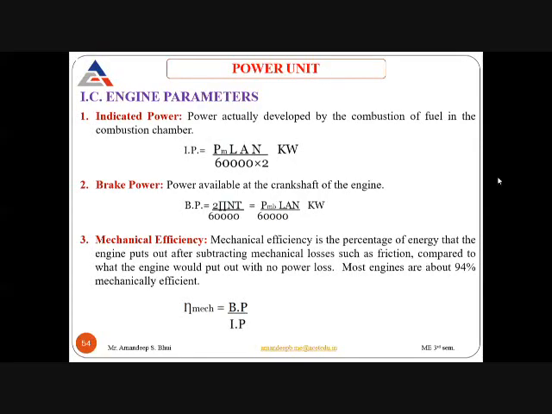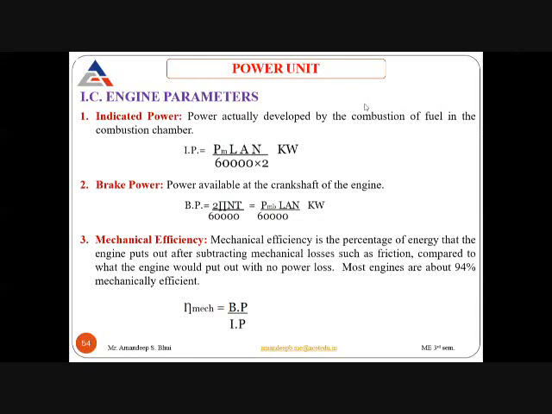Next are the various engine parameters that are associated with the IC engine. The first is the indicated power. The indicated power is the power developed inside the combustion chamber. When the fuel ignites, the combustion of fuel takes place.